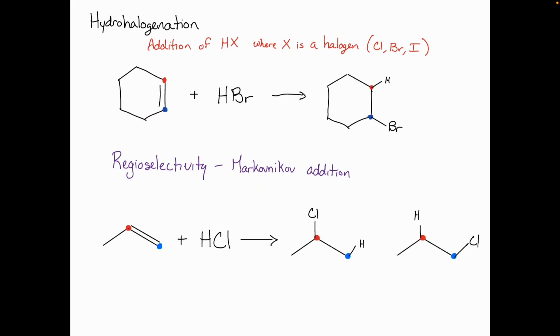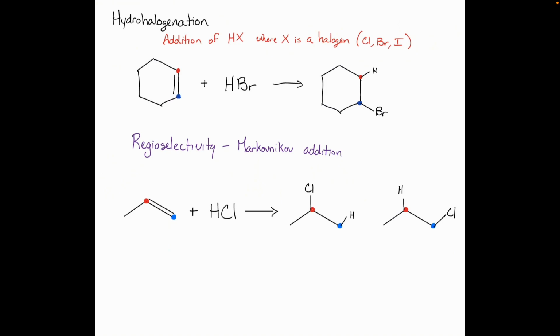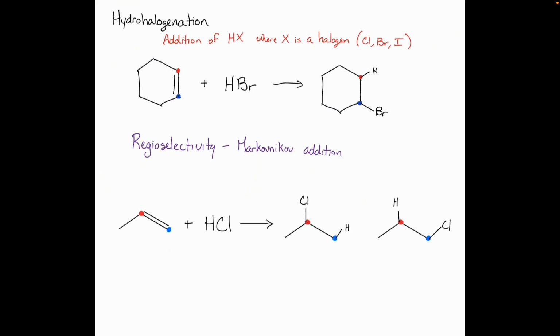These are no longer the same thing because I picked a different choice of alkene. It's no longer nice and symmetric, so I get these two different products. Okay, and it turns out that this first one is our major product.